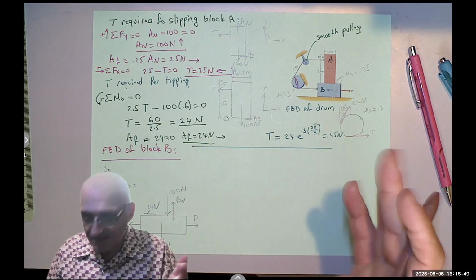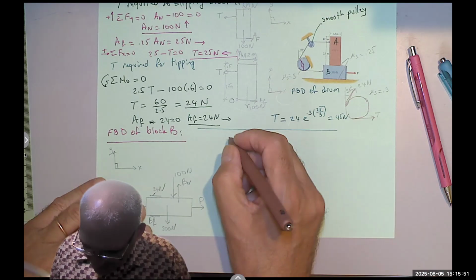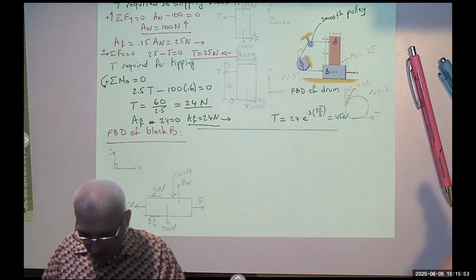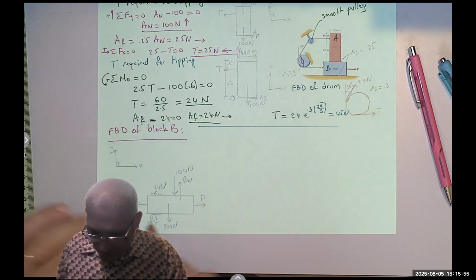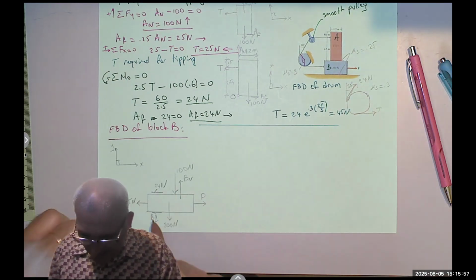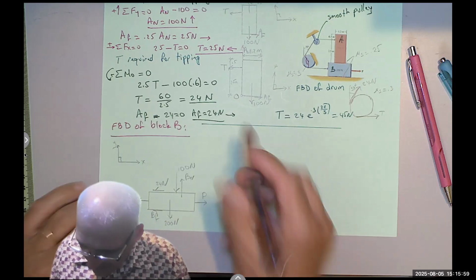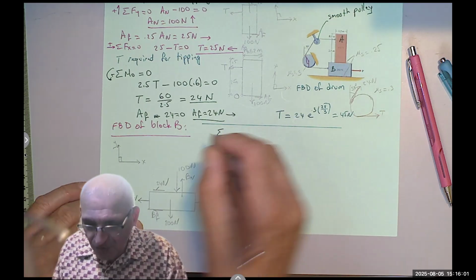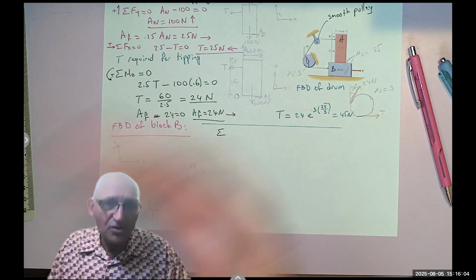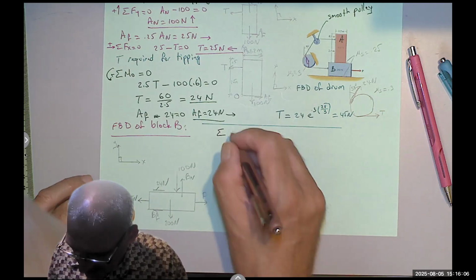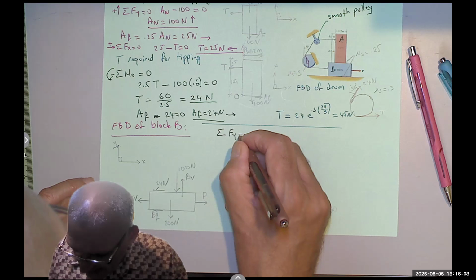That's nonsense. We start with the summation of the forces in the y or the x. No, the y, of course, because in the x I have two unknowns. So I have to do the y first and then use b sub f equals mu sub s times b sub n.